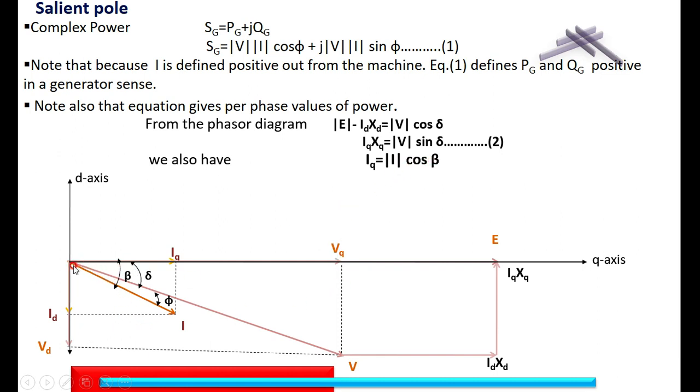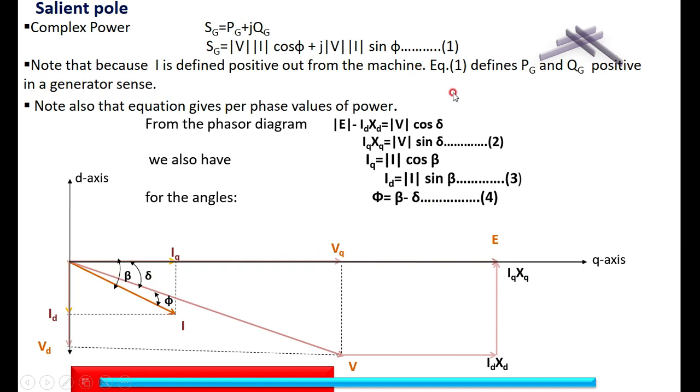You can take this triangle. Here IQ is the adjacent side, therefore I cos beta, and ID is I sin beta, the opposite side to beta. Then for the angle relation, the total angle is beta, this angle is delta, therefore phi is equal to beta minus delta.